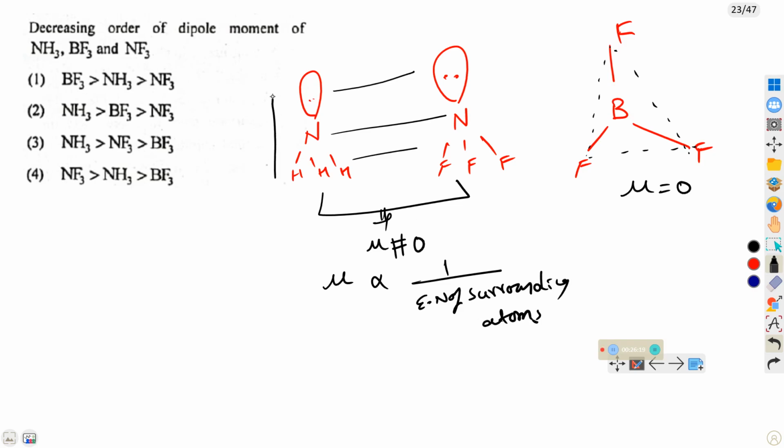NH3 case, all the electrons move in a single direction, but NF3 case, all the electrons do not move in a single direction. So NH3 dipole moment is more. After that NF3, finally BF3. Third option, correct option.